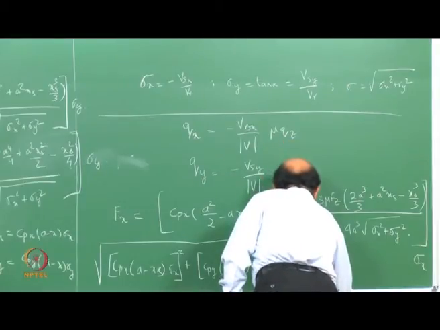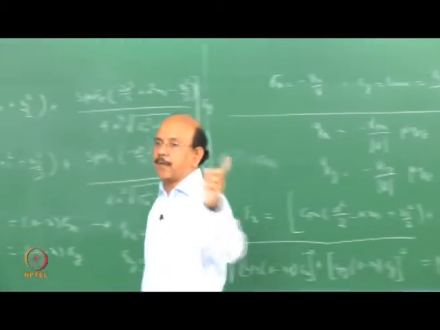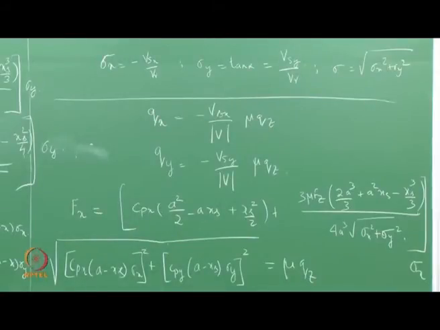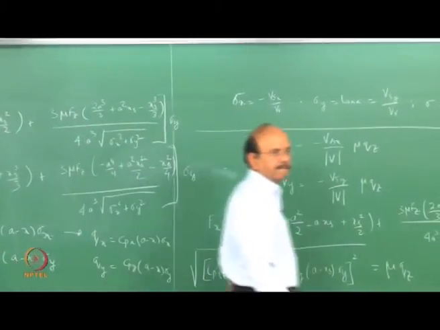Remember qz, we got it from the parabolic distribution in our earlier class, so you can substitute for qz, solving which you will get xs.